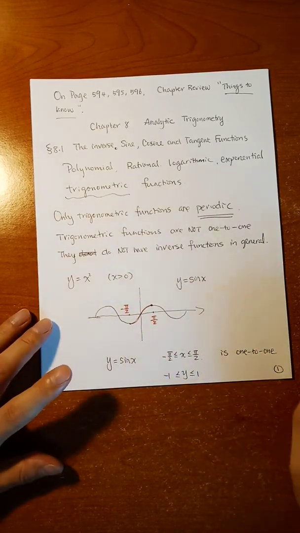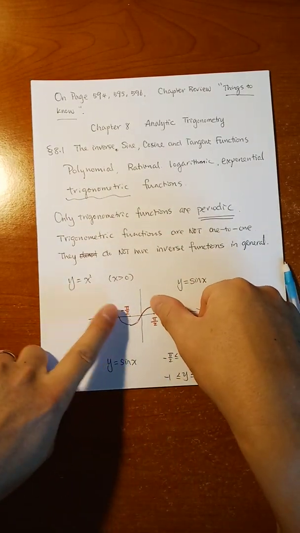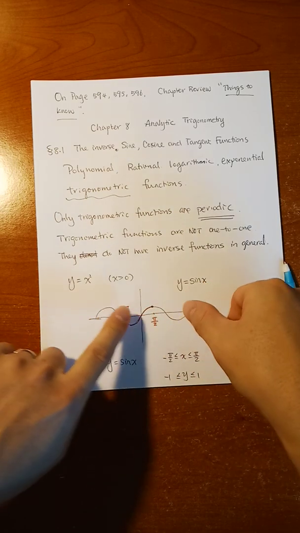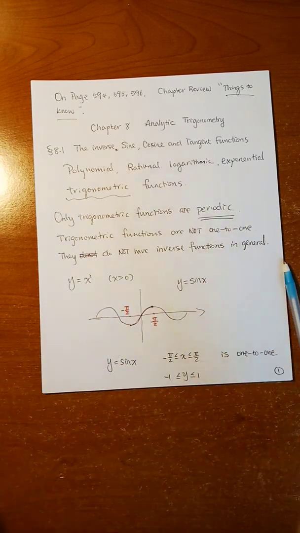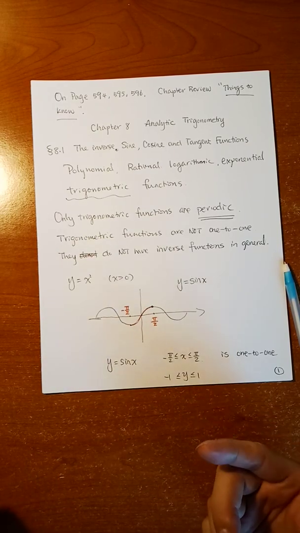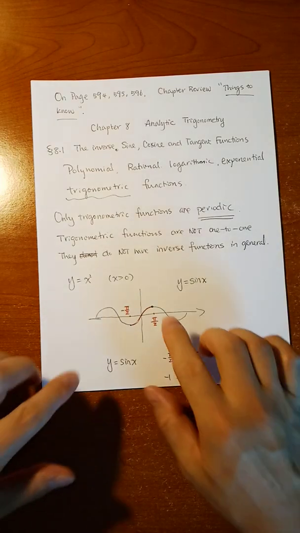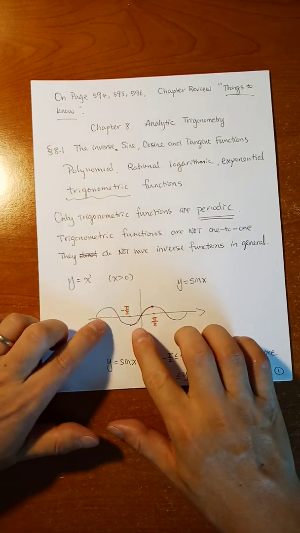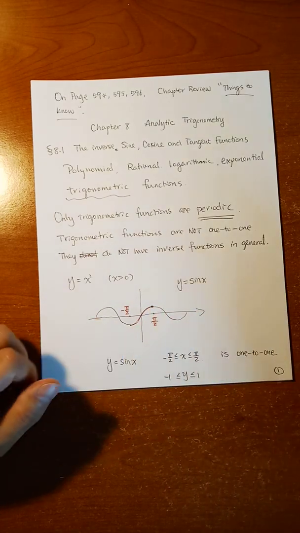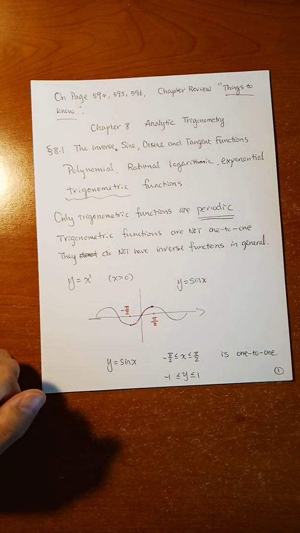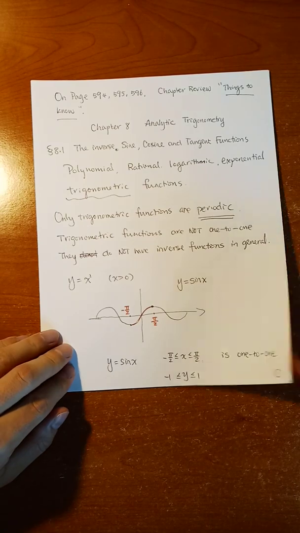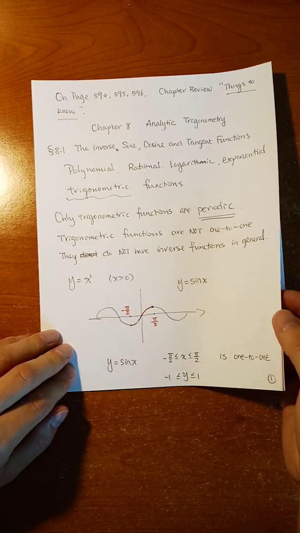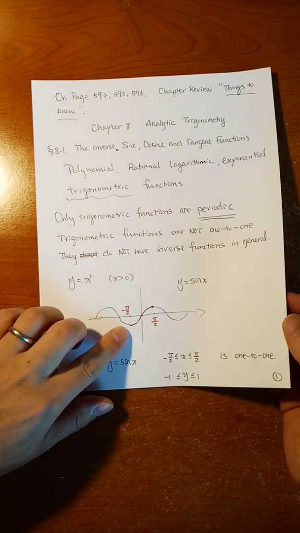Of course, you can choose this piece, or this piece, or this piece. It's really up to your choice. For different choices, you can define different inverse sines. But in a common selection, we choose the domain from negative pi over 2 to positive pi over 2. So remember, we are just going to select this.